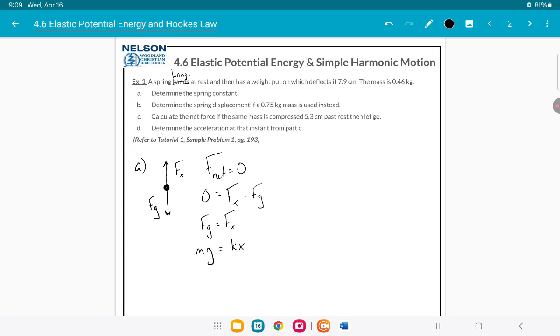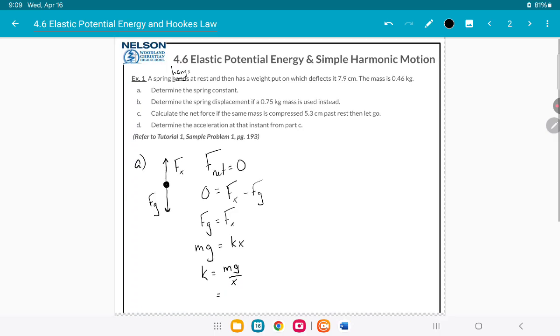We don't worry about the negative sign because the negative sign was implying direction. And when we set up our equation here, we're accounting for direction. So we just take the magnitude of the formula, just kx. Now we can rearrange for k. k equals mg over x, and we can sub in our values.